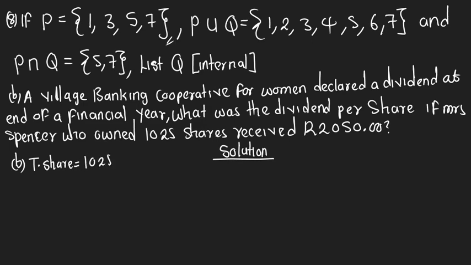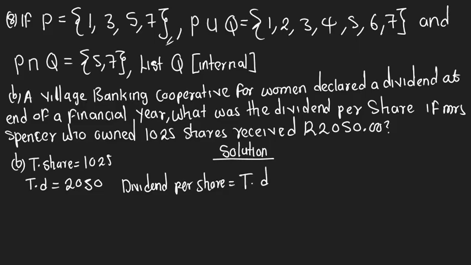Thank you. Now give me that formula. Dividend per share is equal to total dividend over total shares.